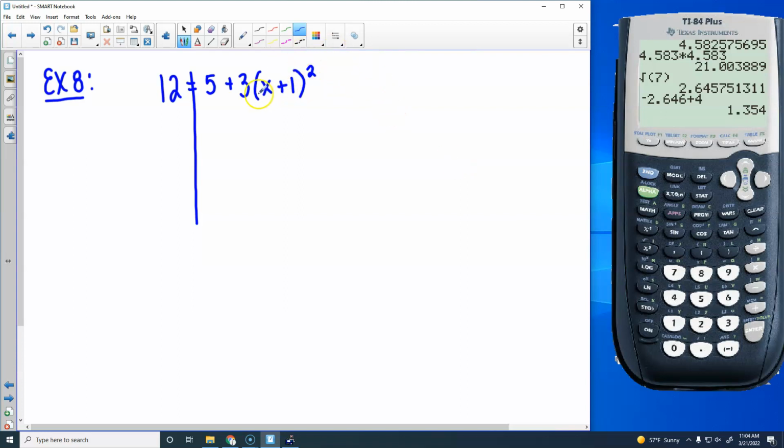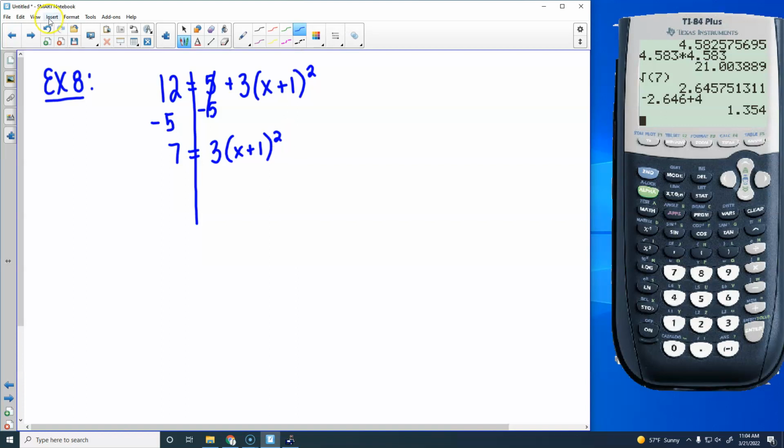But in general, you want to try to get rid of whatever is furthest away, which in this case is that 5 right there. How could we get rid of that 5? We're going to subtract the 5 first. So that's going to give us 7 equals 3 times x plus 1 squared.